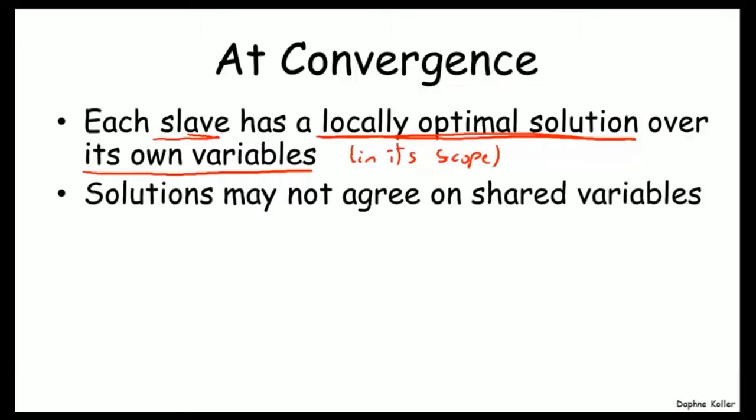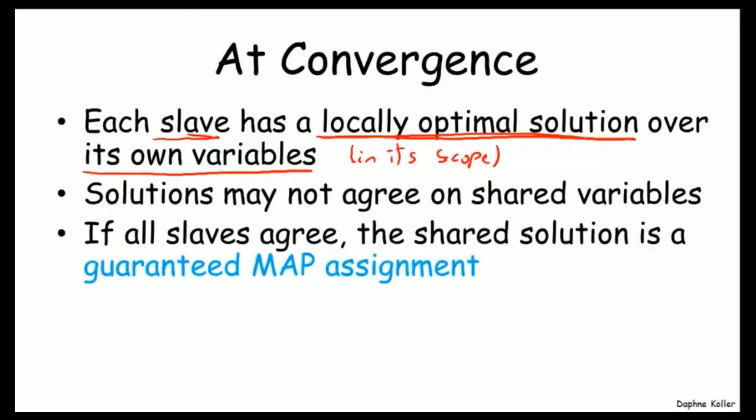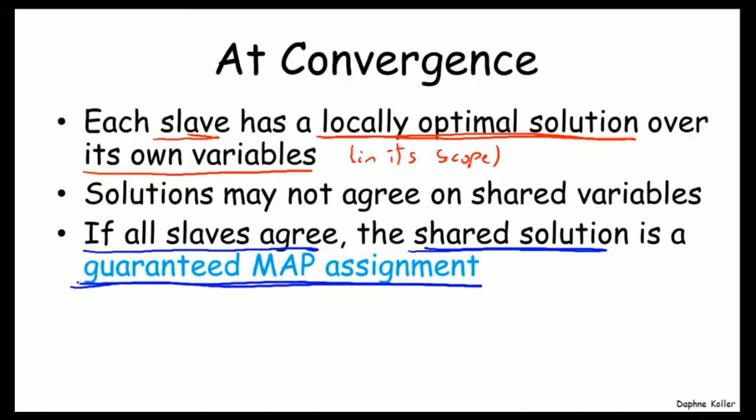That is, even though we have achieved convergence, the solutions of different slaves may or may not agree on the variables that are shared between them. However, if they do agree, if we can get all of the slaves to agree with each other, we can show that the shared solution is a guaranteed MAP assignment. So if the slaves agree, we have effectively solved our initial optimization problem, which is that of finding a MAP assignment.